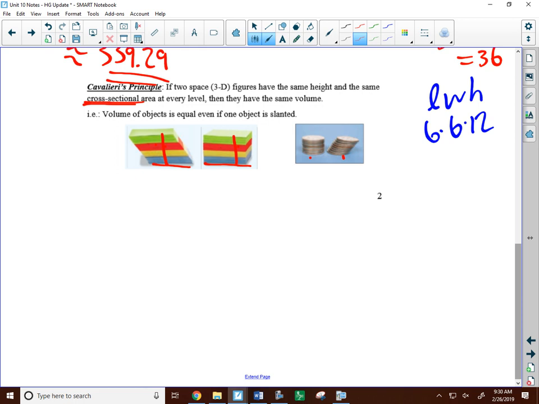The area of all the exposed faces. It would be different because there's extra area here and here and here. So it still has the top and the bottom, the front and the back and the left and the right. But there's extra area here compared to this. So it actually would change. So this principle only works for volume then.